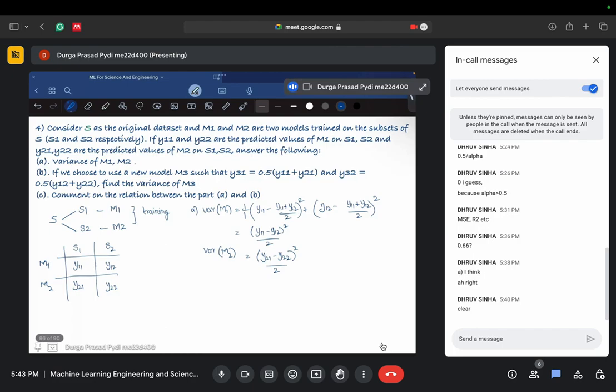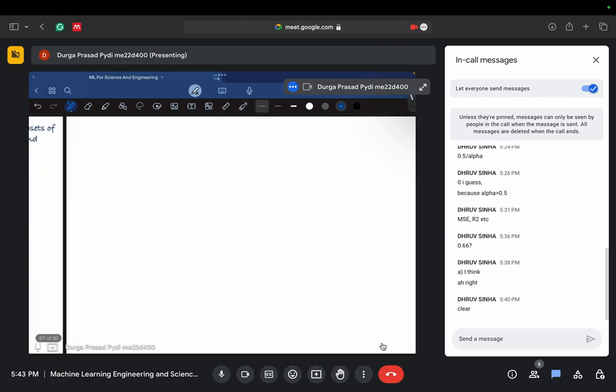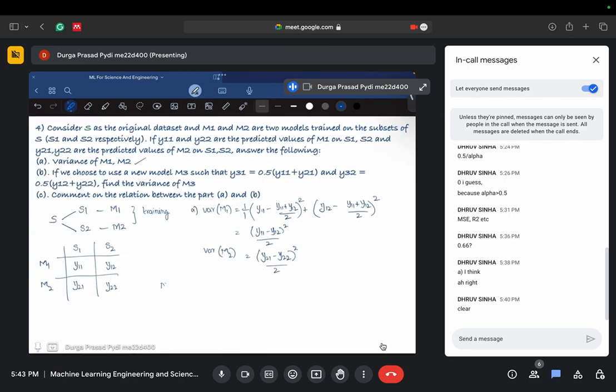Now the question asks you, now I am creating a new model using M1 and M2, M3, such that the output of M3 is chosen as the average of M1 and M2. So basically Y31 is chosen as (Y11 + Y21)/2. I'll write it here. You are just taking the average of the previous models.